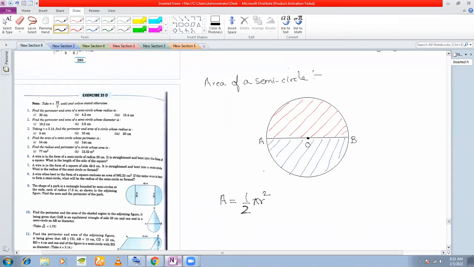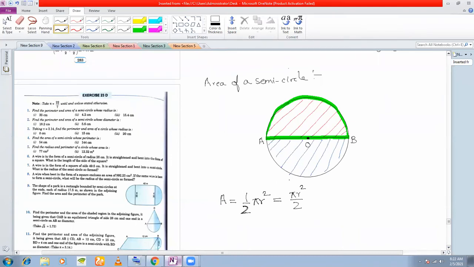So if you want to find out the area of the semicircle, then the area of this red shaded part and the green outline part will be half of pi r square, or pi r square by 2. Similarly, you can say the same about your blue shaded part.